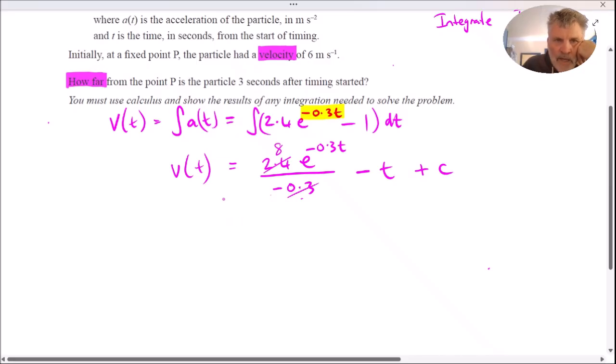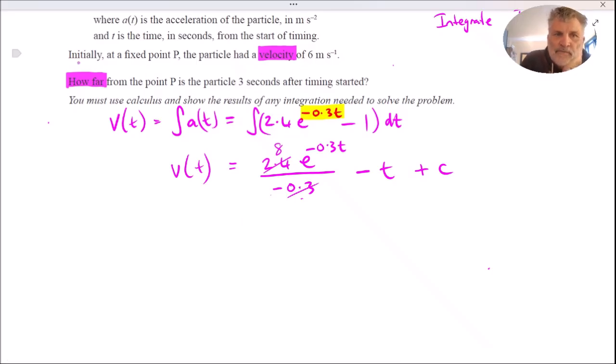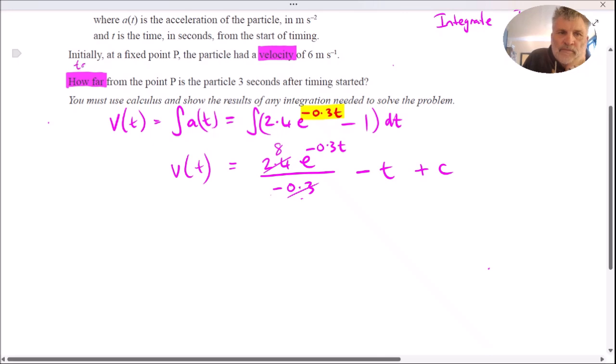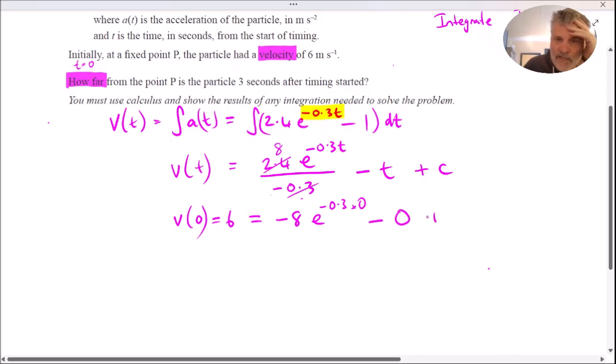Yep. And we're told that the velocity is 6 initially. Initially means t is 0. So the velocity when t is 0 is 6. And that's going to be equal to negative 8 e to the power of minus 0.3 times 0 minus 0 plus c.